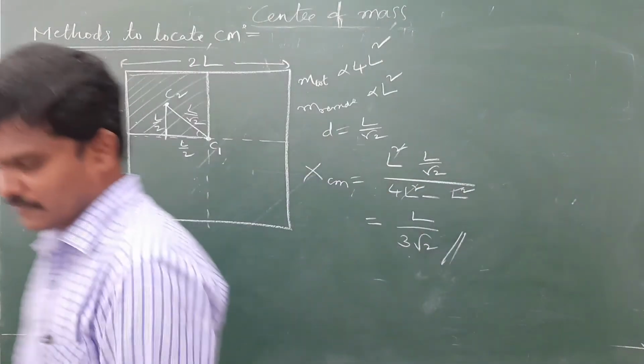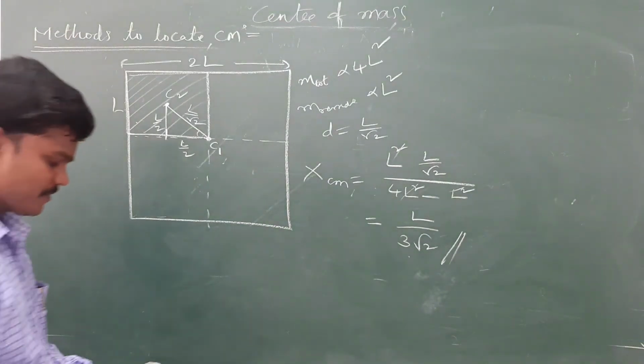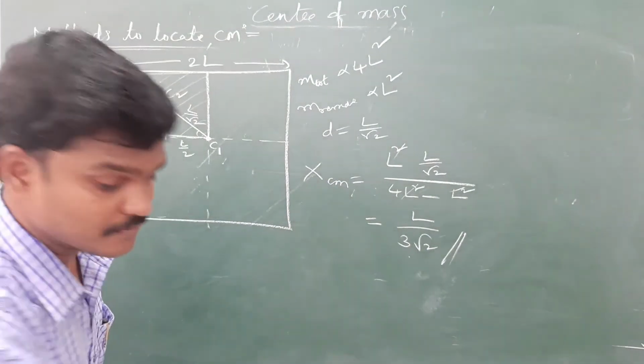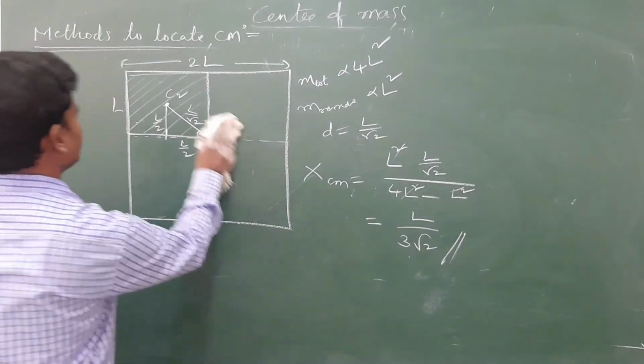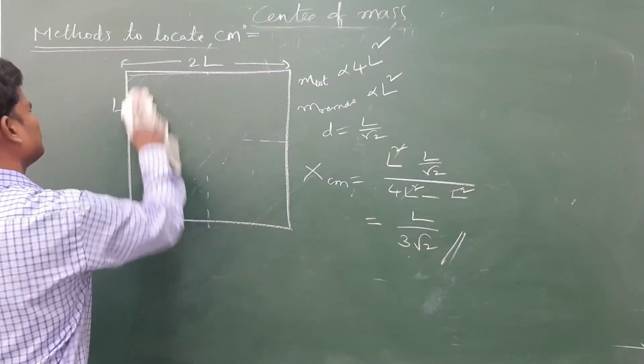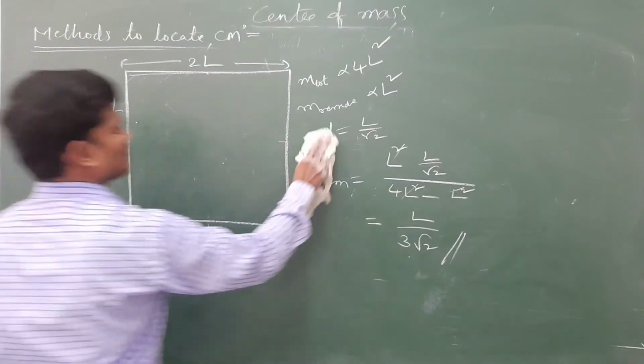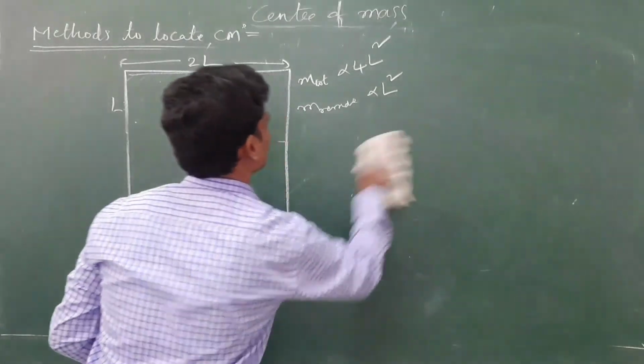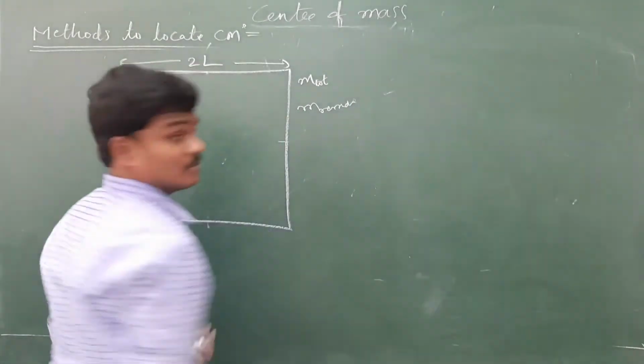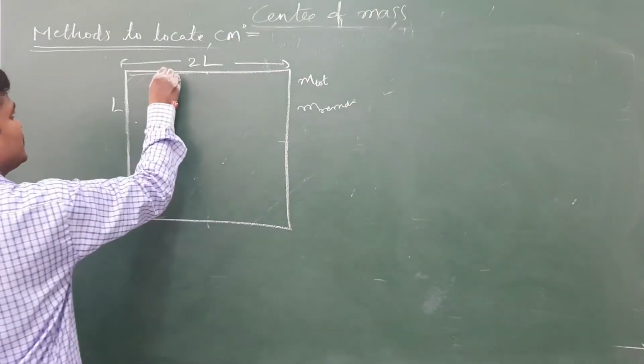Now let us see if from a square they removed a circular portion. From the square they remove a circular shape.